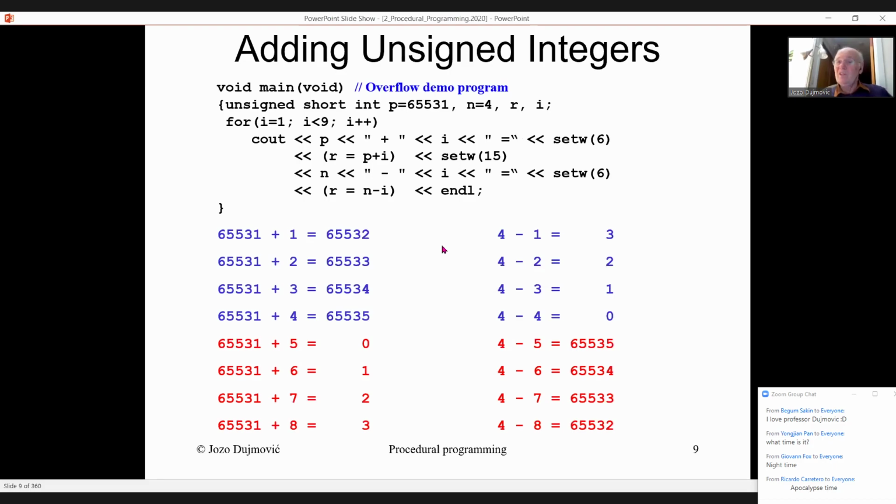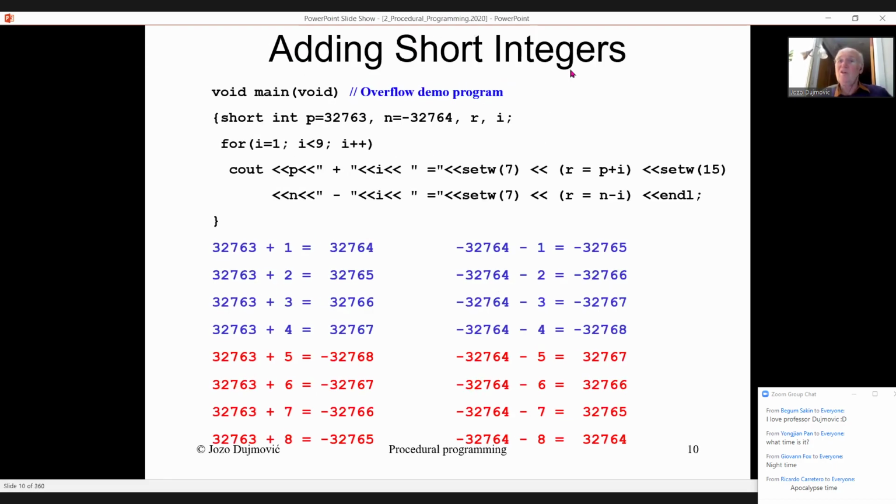So the same happens when you have signed short integers, where the largest value is 32,767. And then after that, you jump to minus 32,768. So this here is a perfectly correct program, and these here are perfectly wrong results, okay?